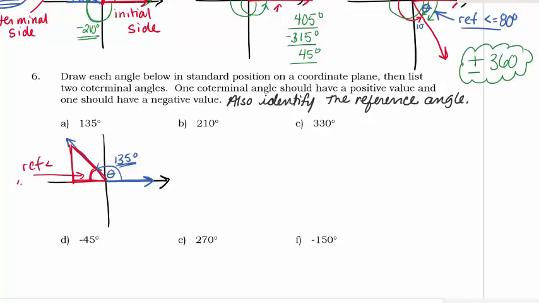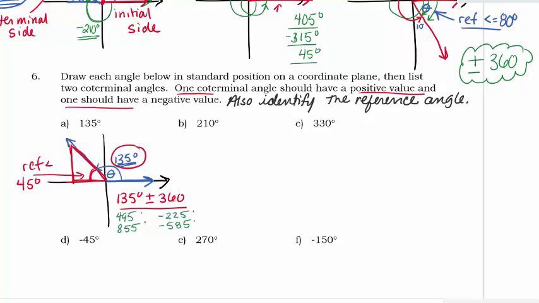So your reference angle is 45 degrees. And now we want one coterminal angle that has a positive value and one with a negative value. So we're going to take our 135 and we're going to add or subtract 360 degrees to get our coterminal angles. So go ahead and do that and see if your answers agree with mine.